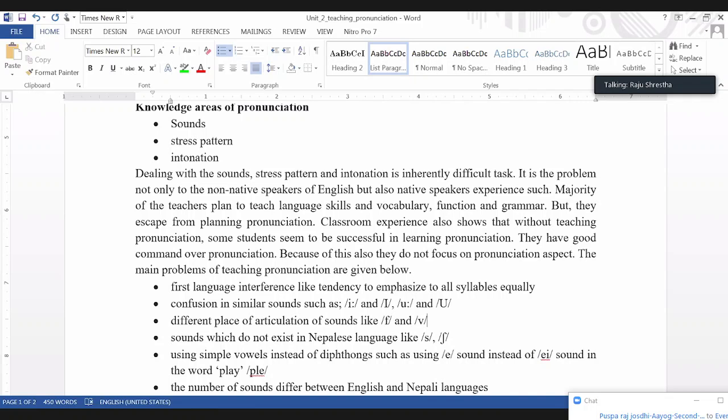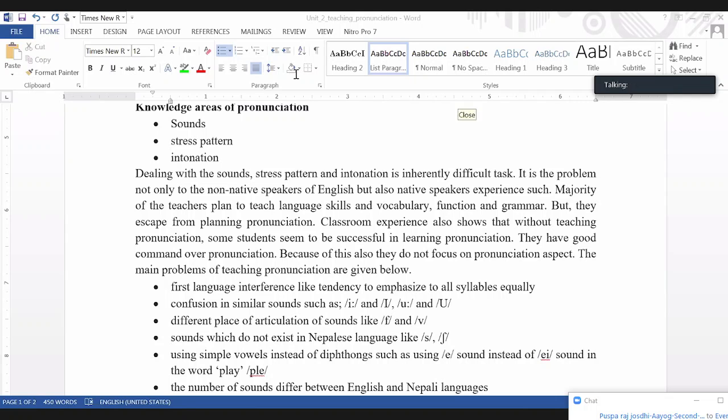We very rarely use lower lip and upper front teeth while pronouncing fa and va sounds, and we are habituated to using two lips, upper lip and lower lip, as in Nepali. So this is the influence of the Nepali language. It is upper teeth and lower lip in English, but in Nepali it is bilabial.